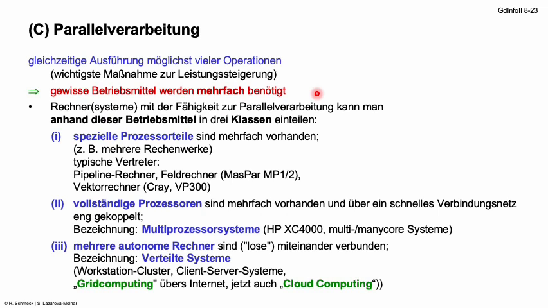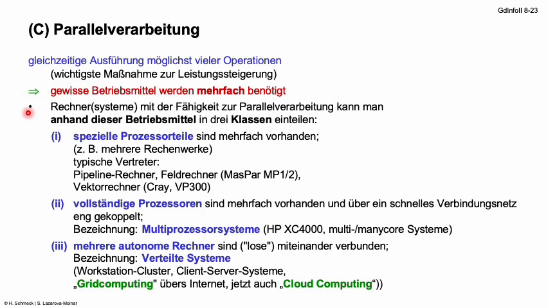So this is frequently found in modern computers, as we will see. In general, it can be done at different levels. And because of the concurrent processing that happens at the same time, certain resources are required more than once.